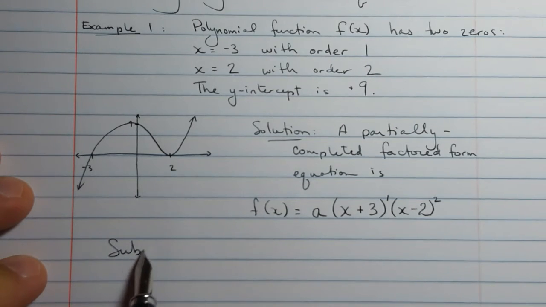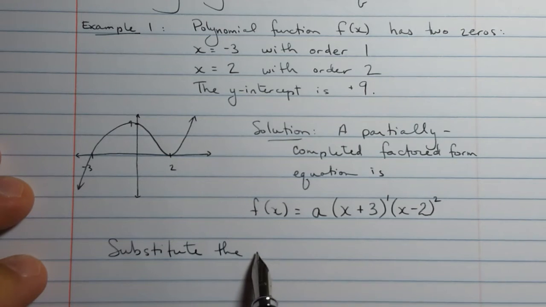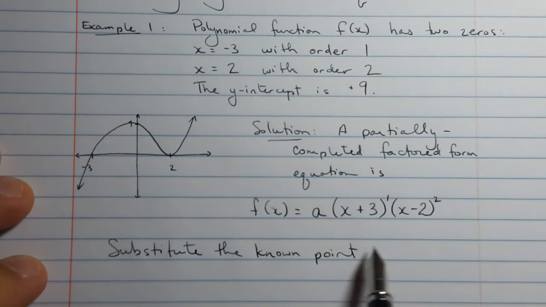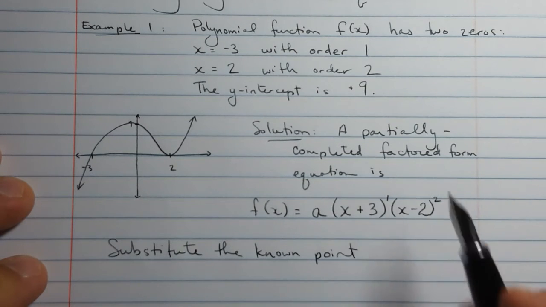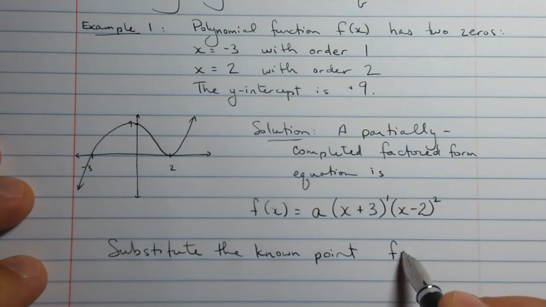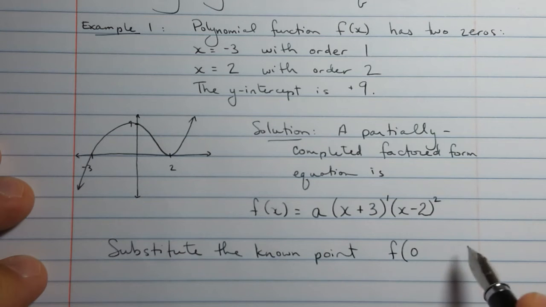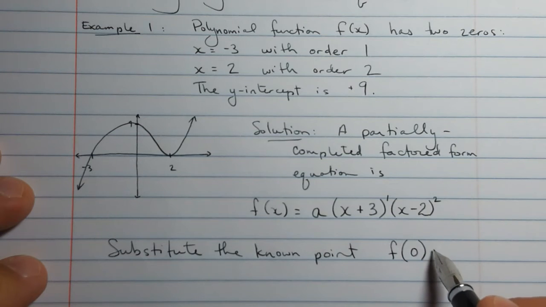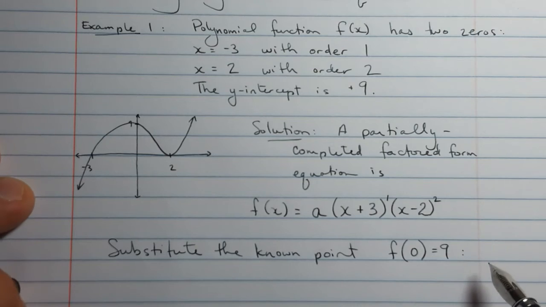So we're going to substitute that other known point. The known point, the y-intercept is 9. I'm going to write it with function notation. The y-intercept means that's when x equals 0, f at 0 is 9. So I'm going to substitute that in.